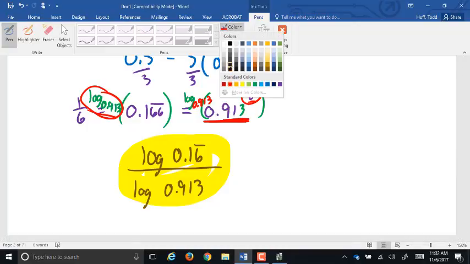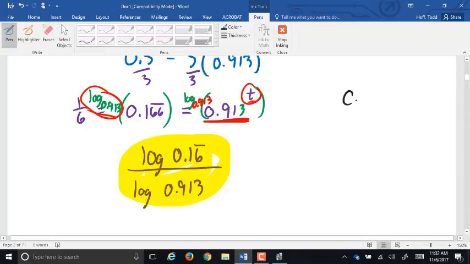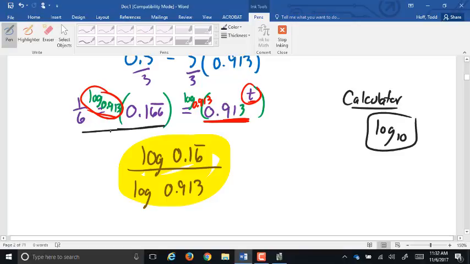So now, since our calculator only does log base 10, the log button on a calculator is log base 10, we can't just punch this in our calculator, we have to adjust it. So to adjust it, we take the log of the number that we're trying to log, divided by the log of that base.